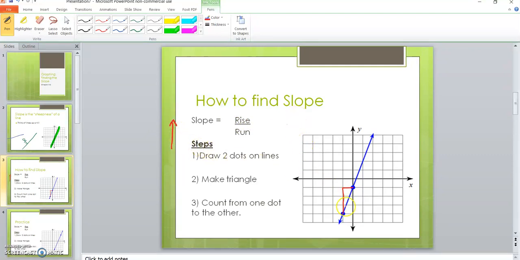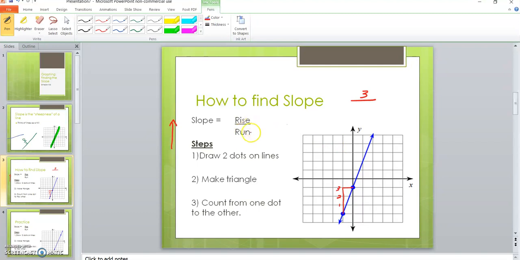Okay? So we are going to count the number of times it goes up. So when we start at this dot, we are counting each line that goes up. So 1, 2, 3. So we rose 3.